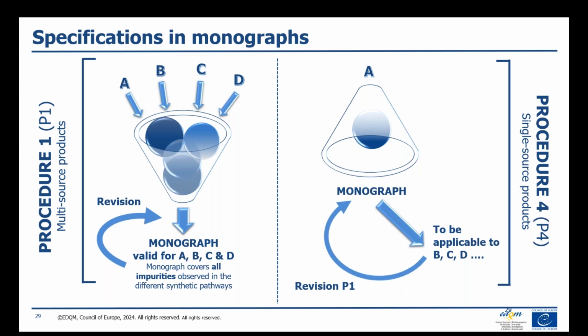And here we base our monograph on the specification of the innovator. So we elaborate the monograph in close collaboration with the innovator. And then if we notice after the publication that the monograph is not suitable for other products, other substances, we will again revise the monograph.